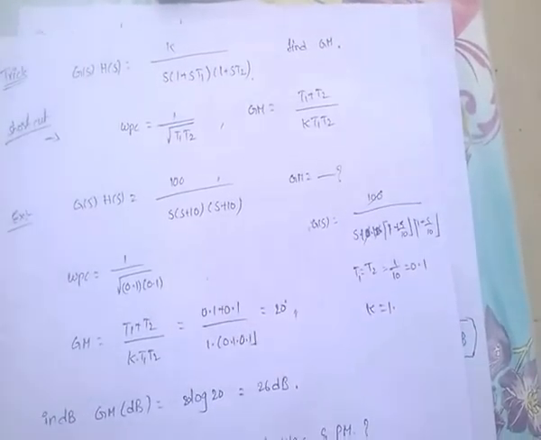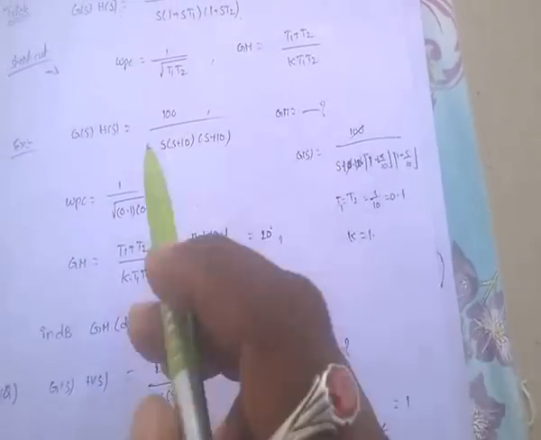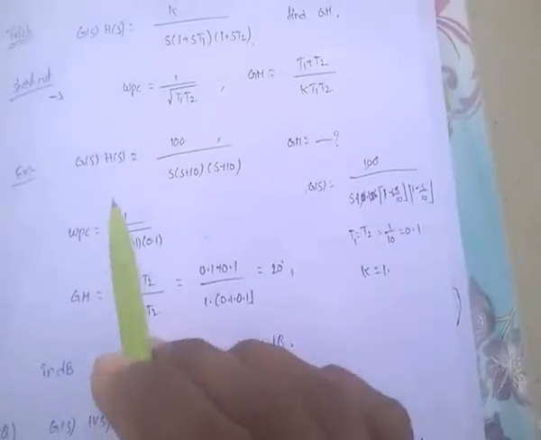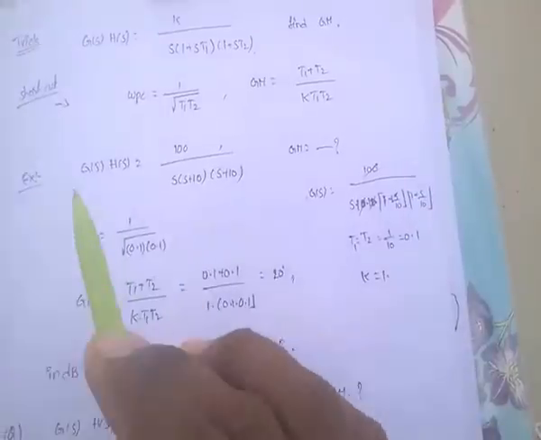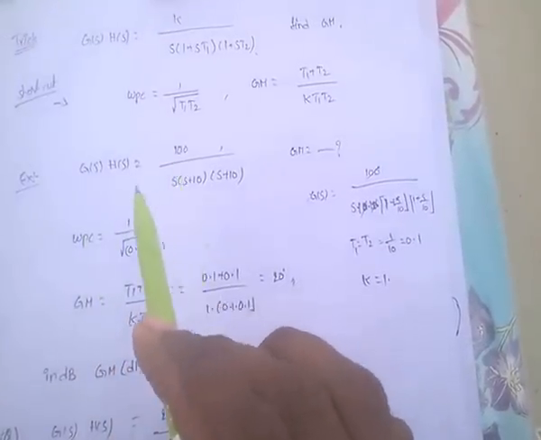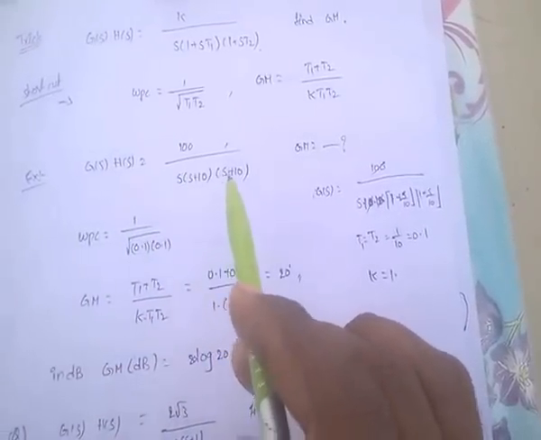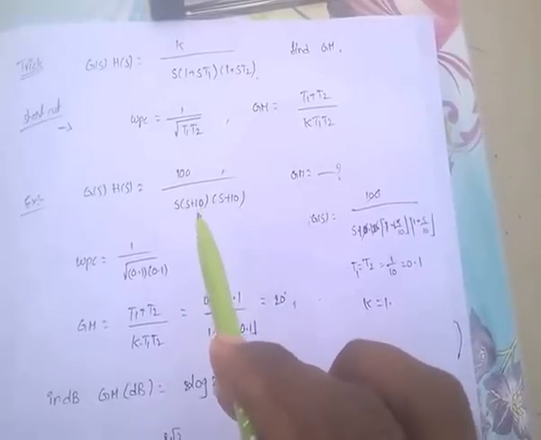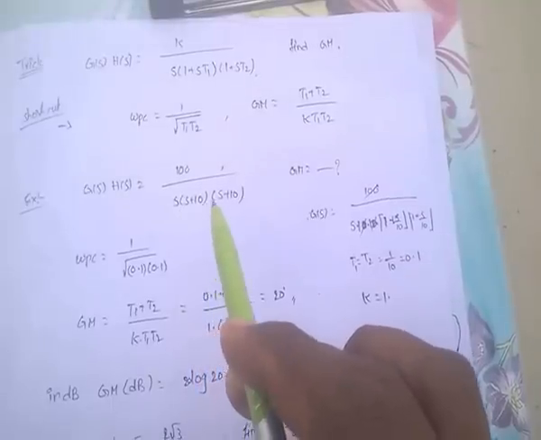If you understand with an example, if in any problem it is given this way, that means G of S and H of S equal to 100 by S into S plus 10 into S plus 10, that is in the form of K by S into 1 plus ST1 into 1 plus ST2.